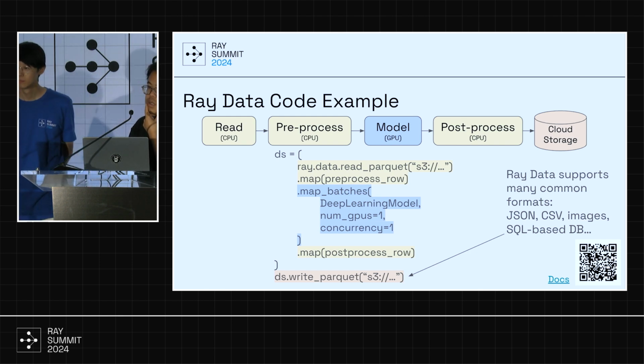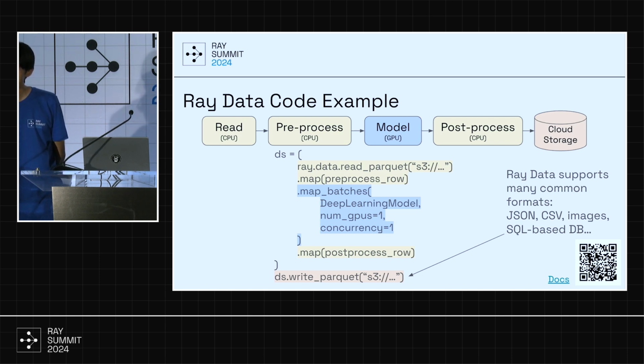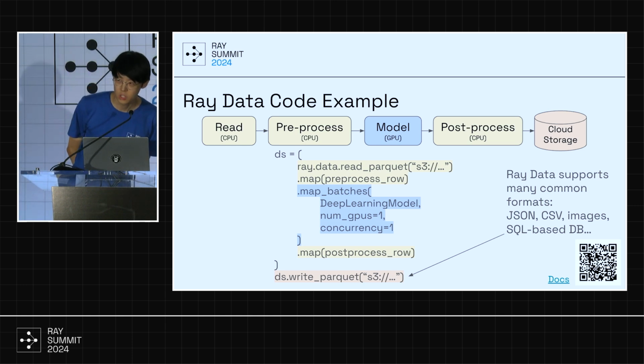For the data you write back, are you able to specify the file size? When writing to remote HDFS format files, you don't actually want very large files. Got it. So the question was with Ray Data, when you're writing files, can you specify the output file size?